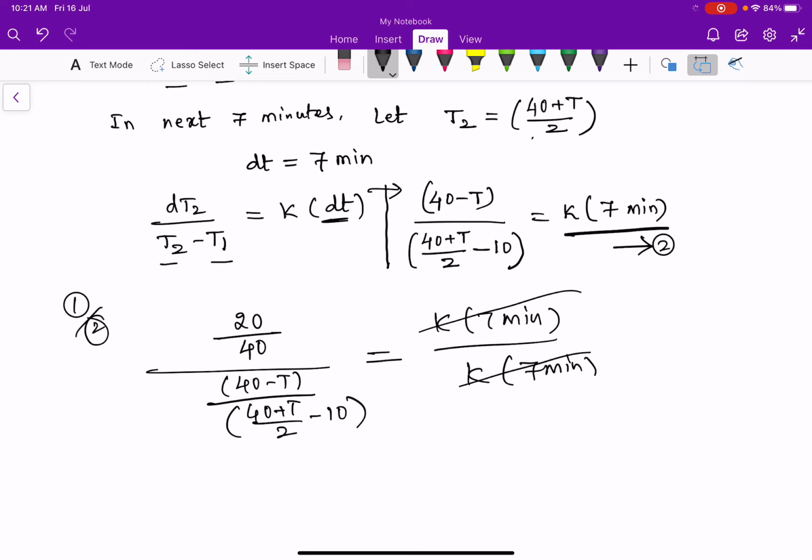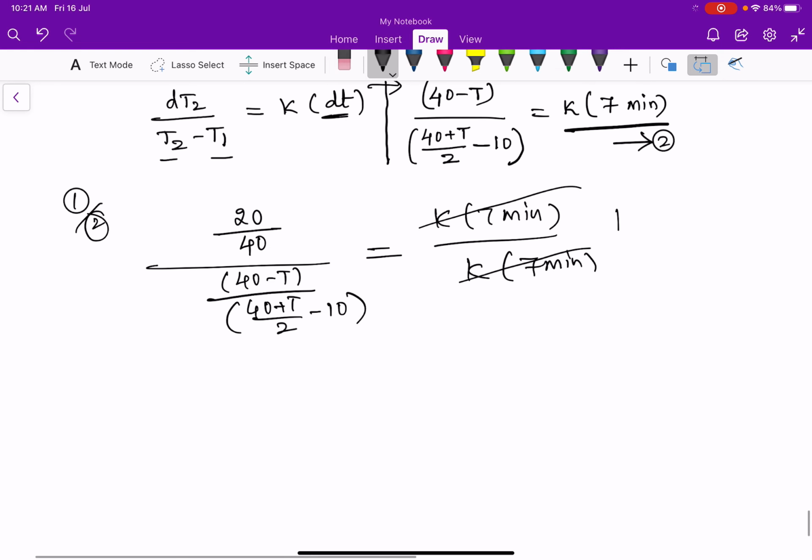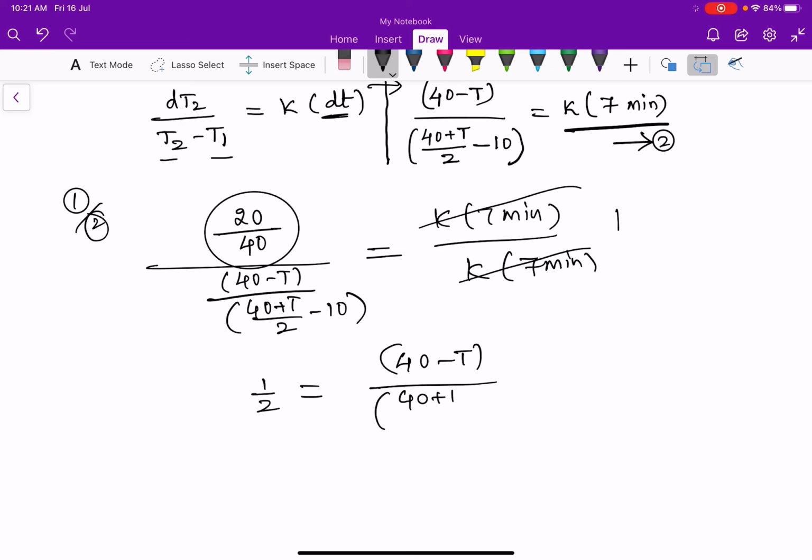So this and this cancel, you will get 1 here. So 20 by 40 is nothing but 1 by 2, which is equal to 40 minus T divided by 40 plus T divided by 2 minus 10.